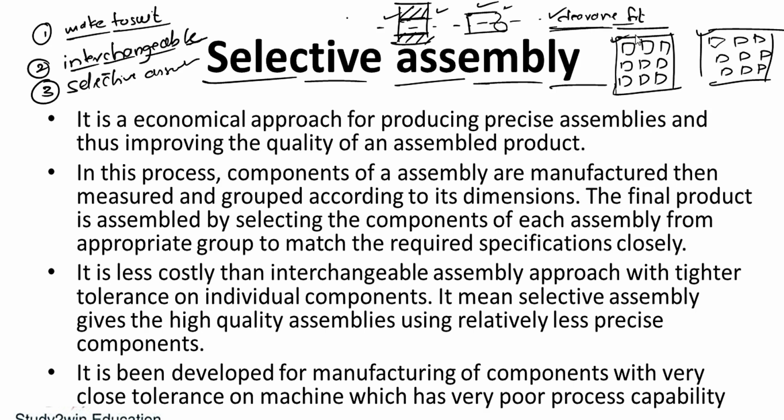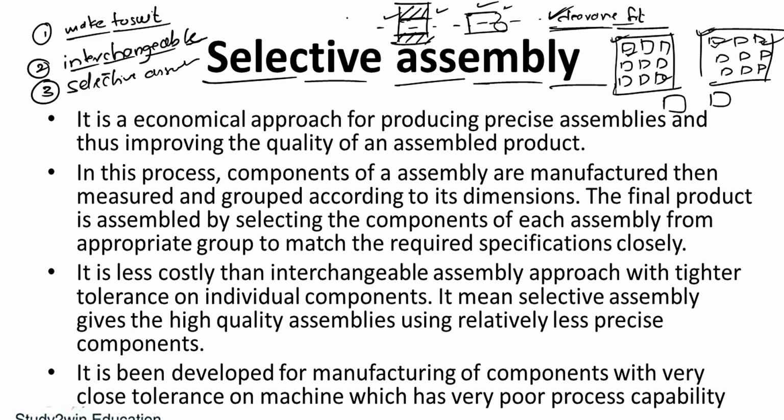When you are manufacturing the components within a given tolerance and randomly you pick any one of the components from a group, similarly randomly you can pick any component from a group, and when you assemble these two, you will get the required kind of fit for which the tolerance of the components is designed. This is called interchangeability. It means I can pick this hole and this shaft, and I'll get the same fit. If I pick this hole and this shaft, still I'll get the same fit.